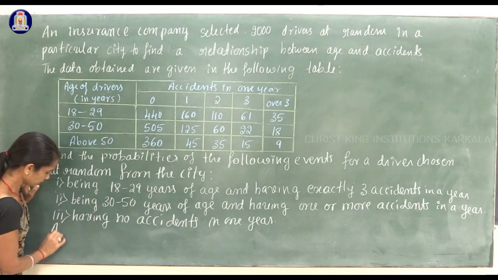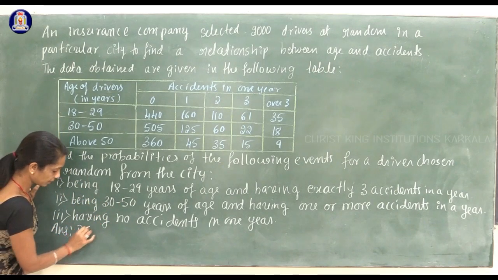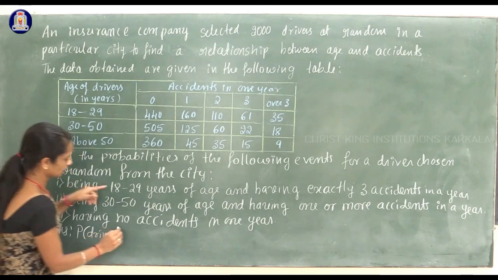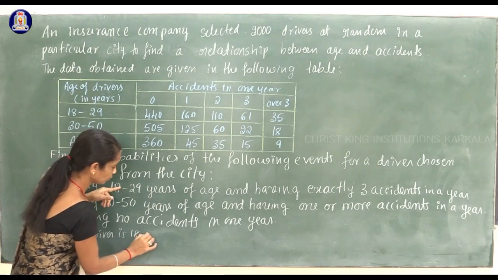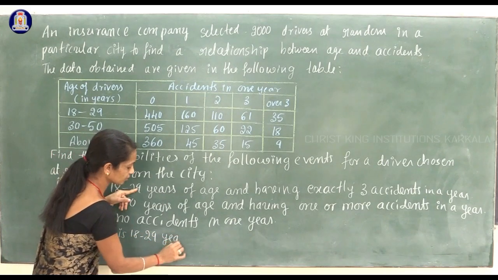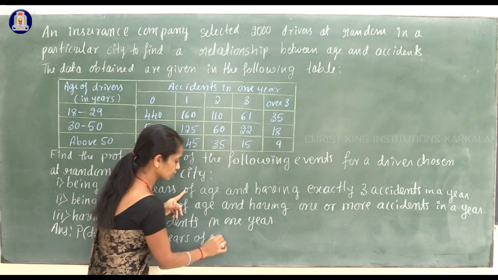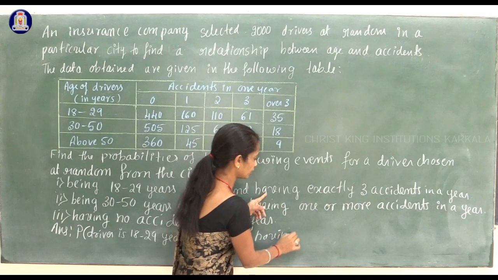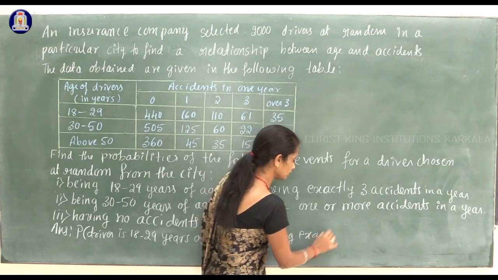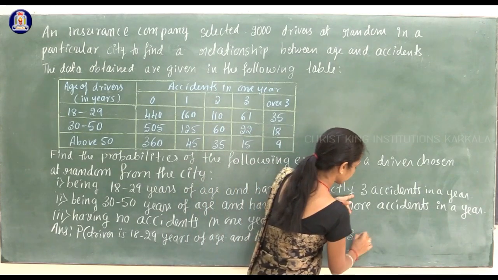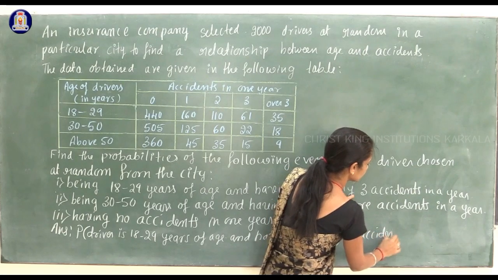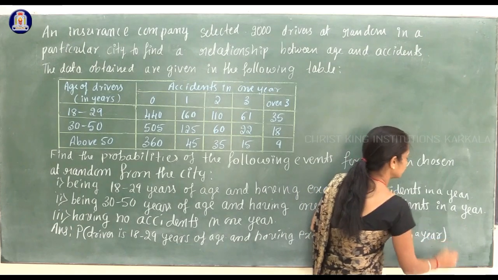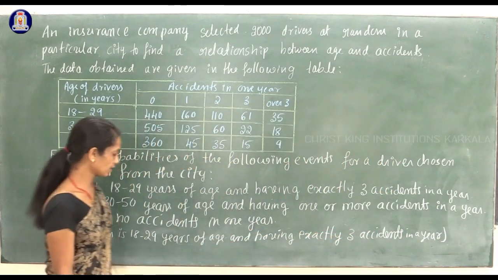So here you write the probability of a driver being 18 to 29 years of age and having exactly 3 accidents in a year, and I'll write the answer directly.